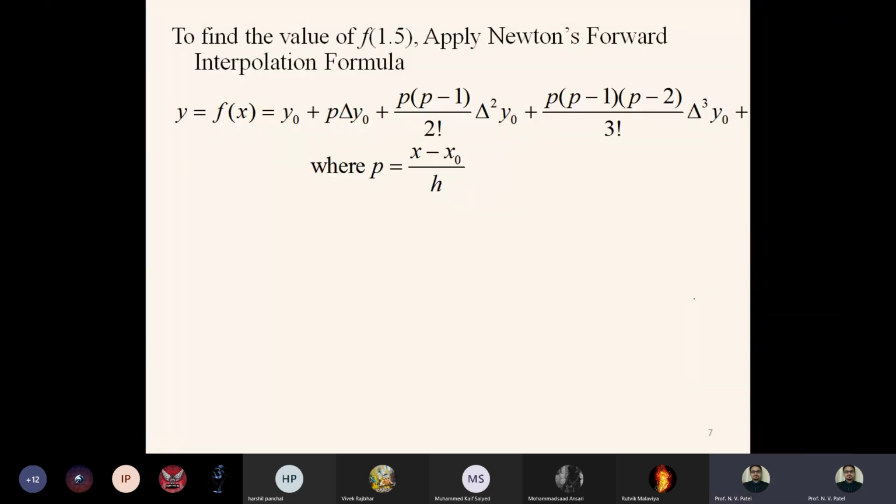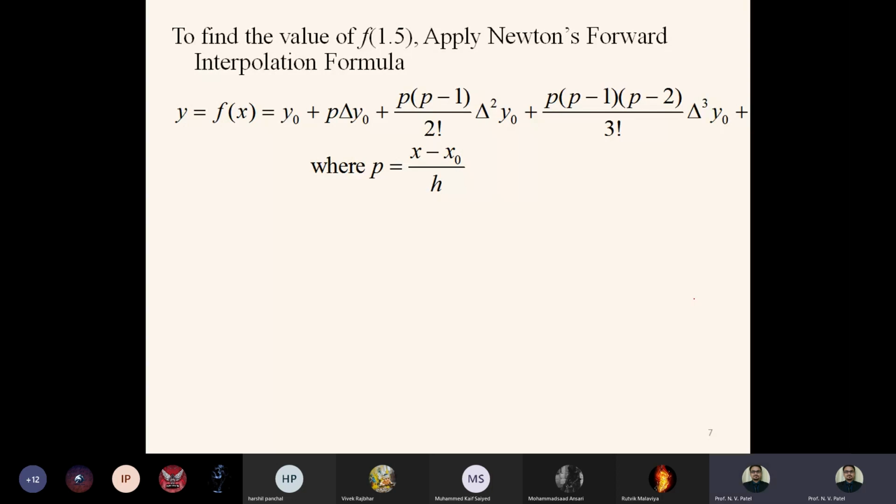So to find the value of y at x is equal to 1.5, that is f of 1.5, we apply our Newton's forward interpolation.